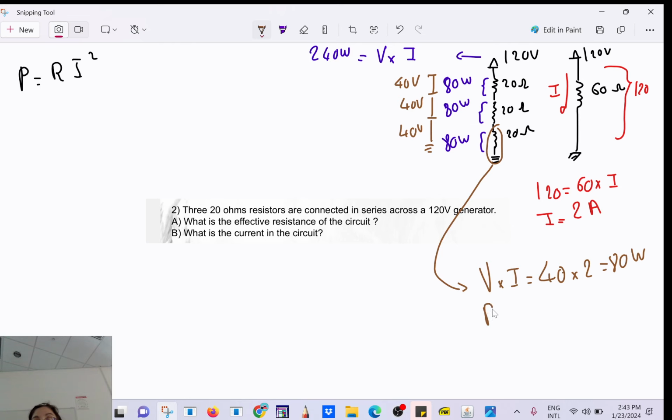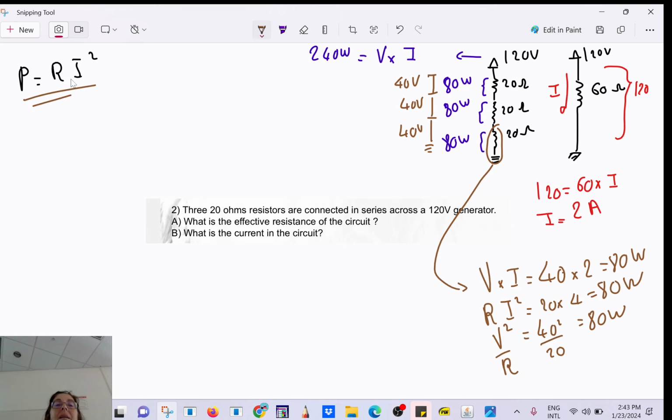Or I can say RI square, which is 20 times, how much is I square? 4, which is 80 watt. Or I can say V squared over R, which is 40 squared divided by 20. You're going to get also 80 watt. Does that clarify more about power? I just, it's RI square, not R square I.